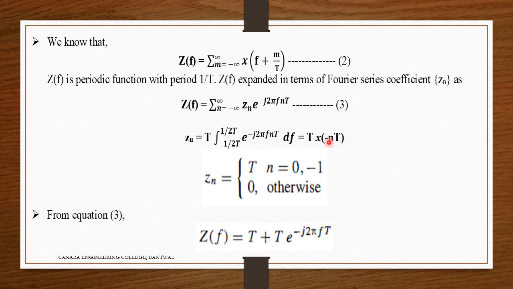So now we derived that z(n) is equal to T for n equals 0, and for n equals -1, and 0 otherwise.